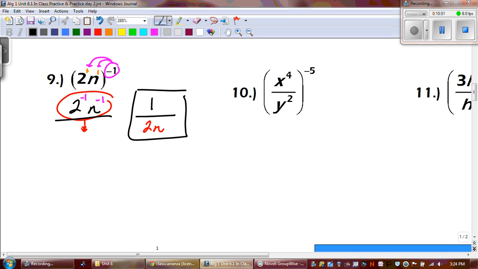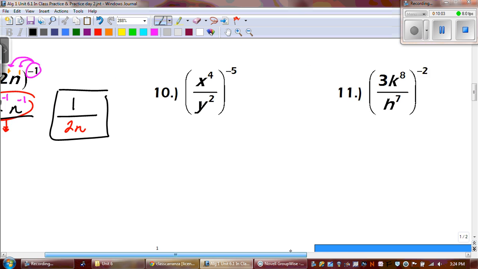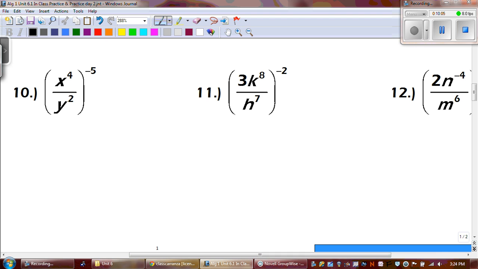All right, number 10. We need to distribute. And when we distribute, we get new exponents. 4 times negative 5 is negative 20, and 2 times negative 5 is negative 10. Okay?